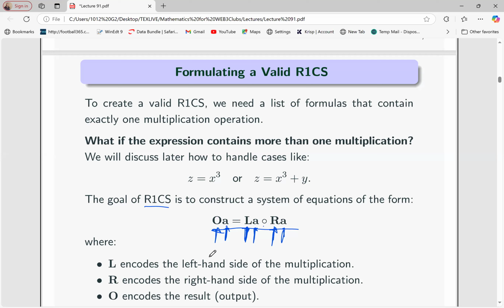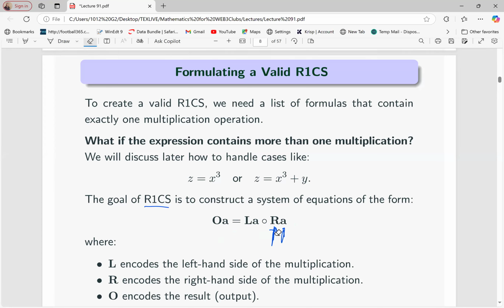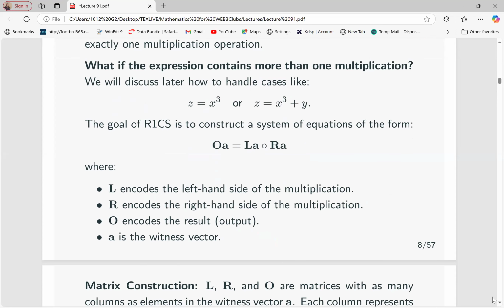So that is our goal. Every time we have an arithmetic circuit, we want to ensure that we write it in this form. We want to move slowly and see how to arrive at that.